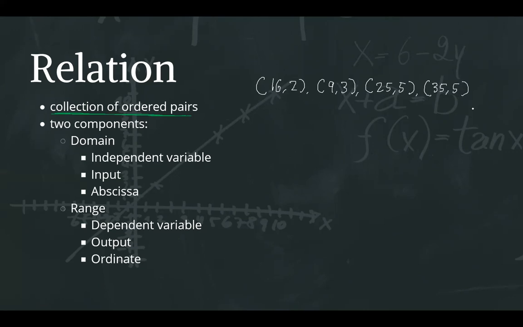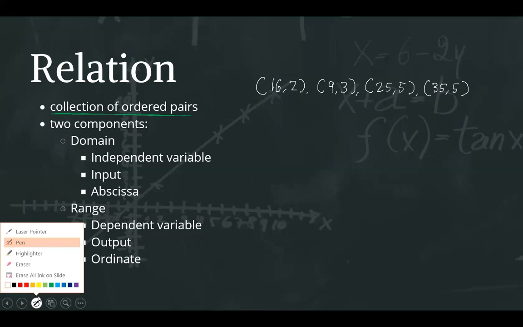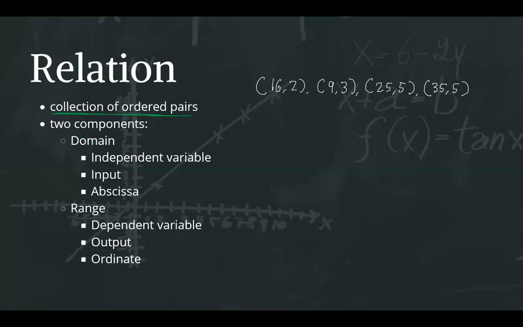So in this collection, let's determine the domain and range. Before that, let's identify what domain and range are. The domain is a collection of independent variables, or you can just say inputs or input numbers, or you can call them abscissas.